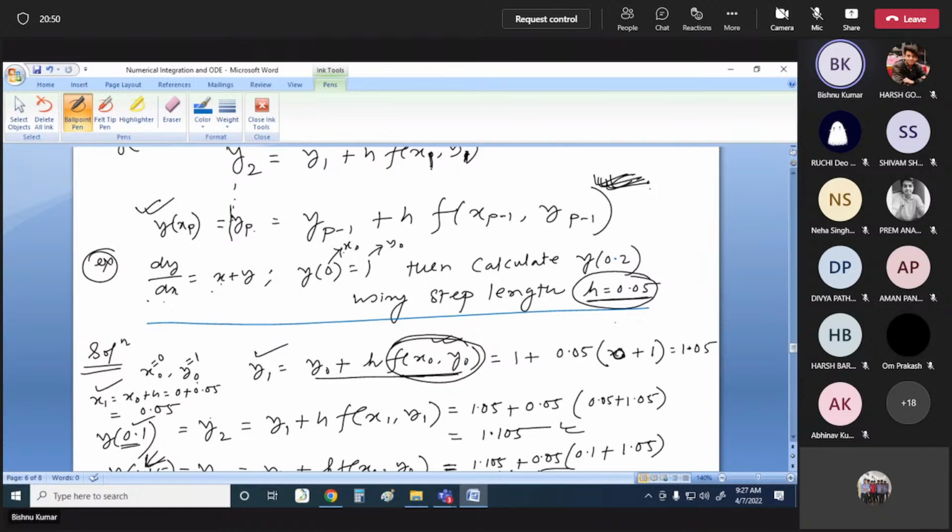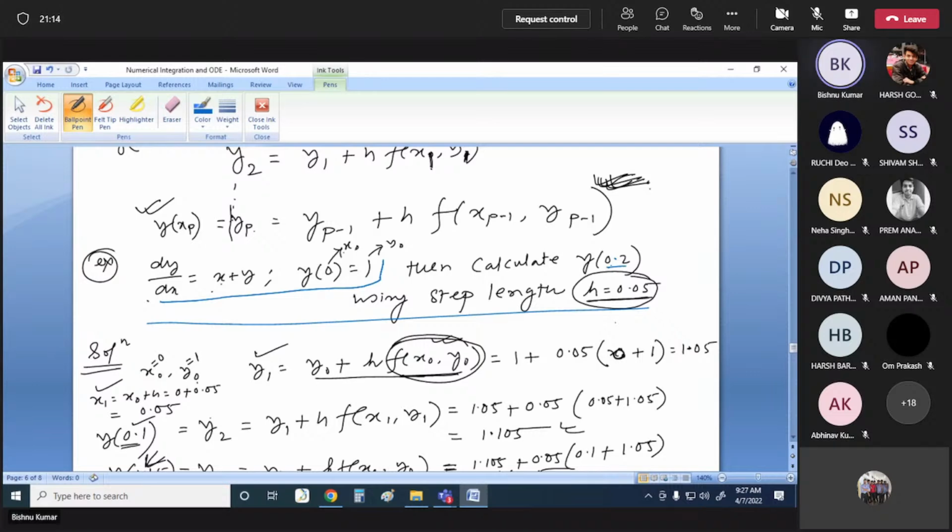From this information, again I am telling you, this is a particular curve, a particular graph y equals f(x). In that f(x), you have to put x equals 0.2 and find what y will be. But you have to do that with the help of Euler's method using this step length.